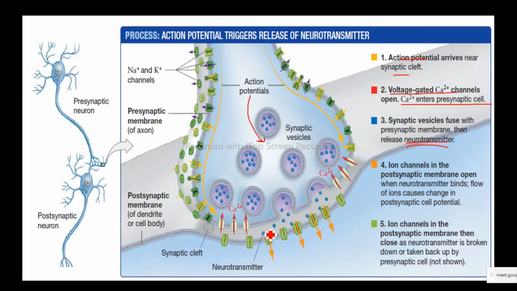The neurotransmitter substance binds to these gated channels. There is some specific site on these ligand gated channels. The neurotransmitter acts as a ligand, so it binds on the site on this ligand gated channel to open up the gate.